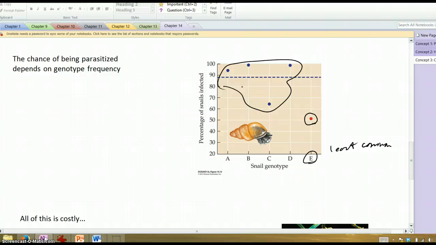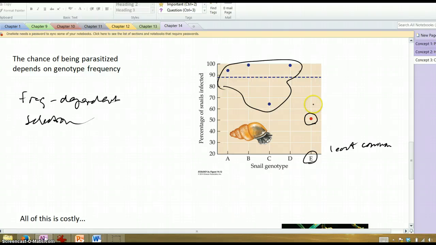We're going to talk specifically about evolution later, but in evolution speak, this is what's known as frequency dependent selection, and that is the pathogen is taking advantage of those individuals that are more common, whereas the one that's less common and is simply fewer of them in the population is less likely to be parasitized. And in this case, it also has a combination of genes that allows it to resist the pathogen.